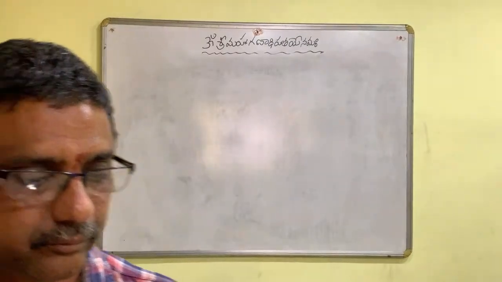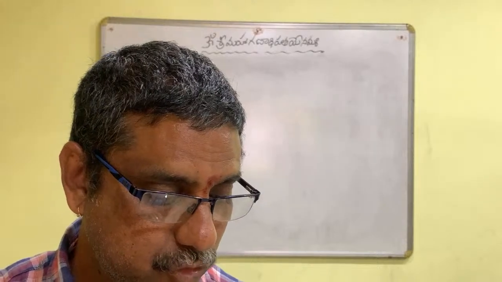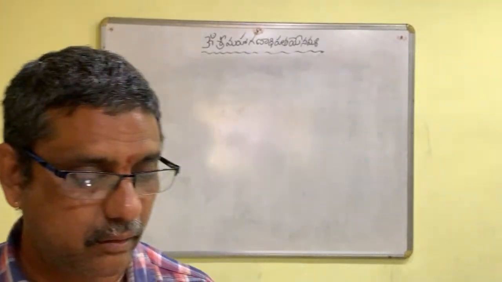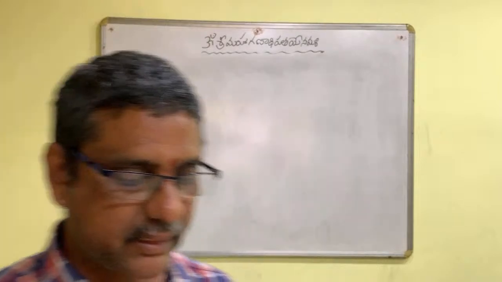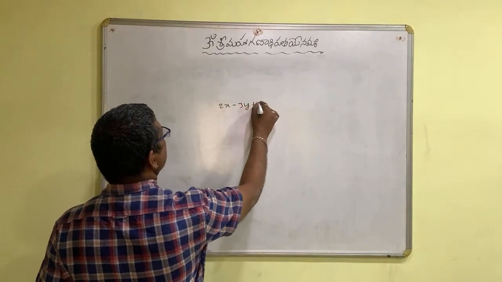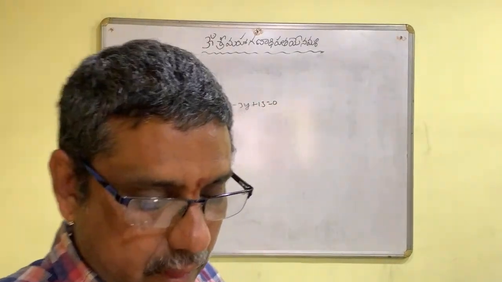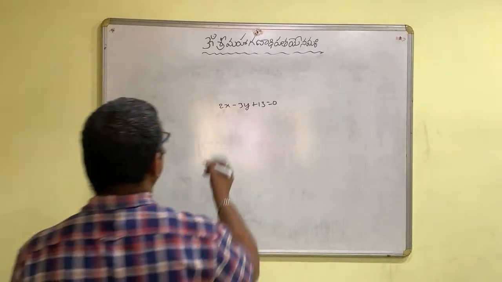Next question. Solve graphically 2x minus 3y plus 13 is equal to 0 and 3x minus 2y plus 12 is equal to 0.